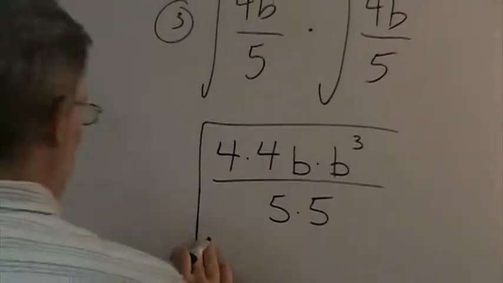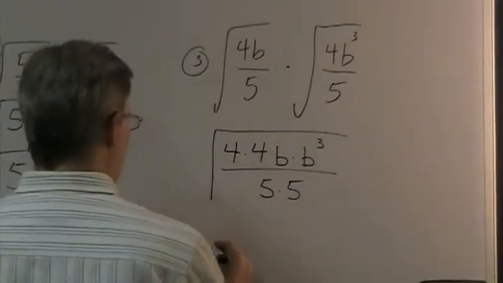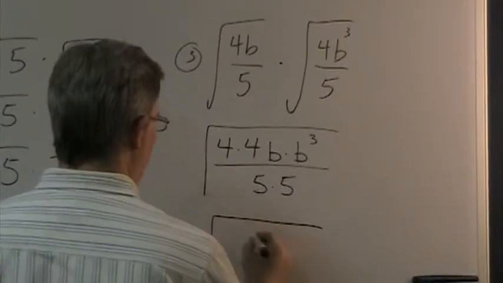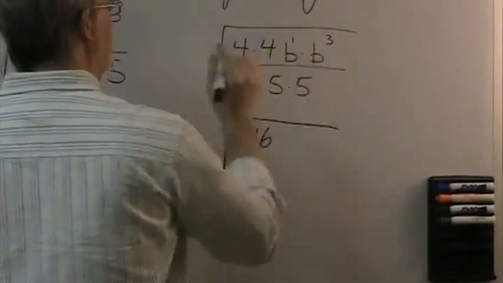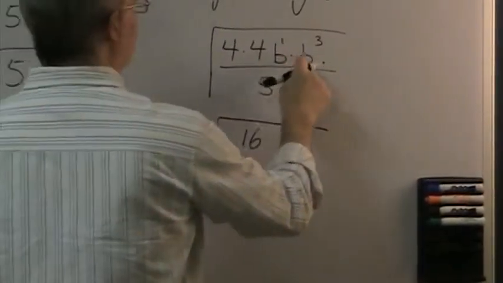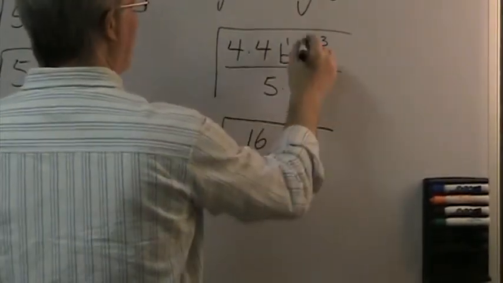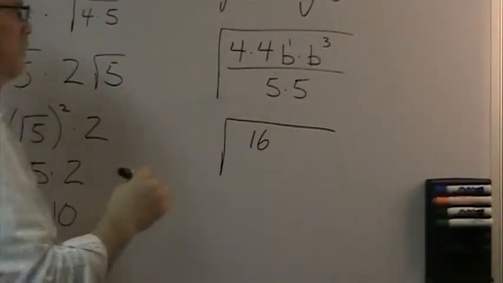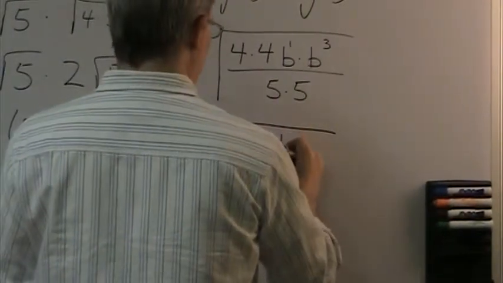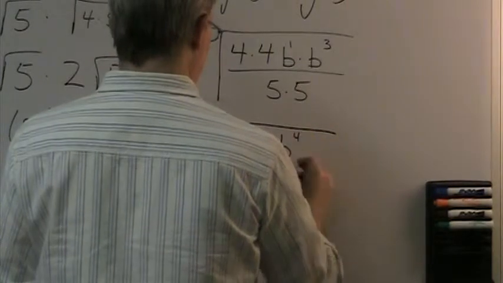Now we're going to rewrite this as the square root of 16. Remember, this is b to the first times b cubed; you add those because this is the product rule, not the power rule. That gives you b to the 4th over 25.